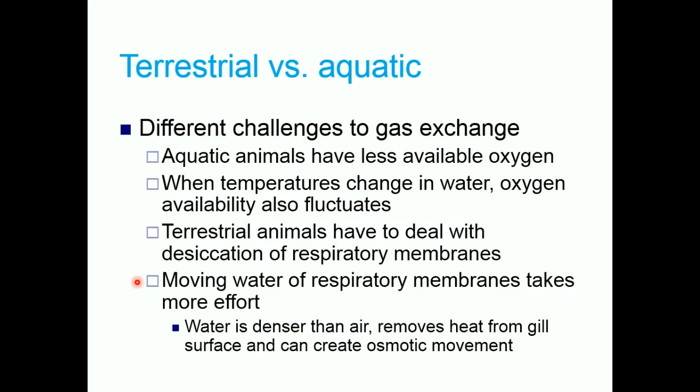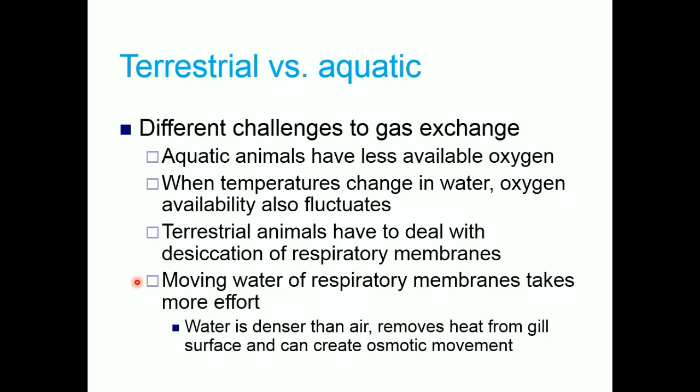Okay, so let me see. This last comment: water is denser than air. Yes, I mentioned that. It removes heat from the gill surface. That is also important. For fish, the water that streams continuously over the gills takes heat out of the body, if you will.